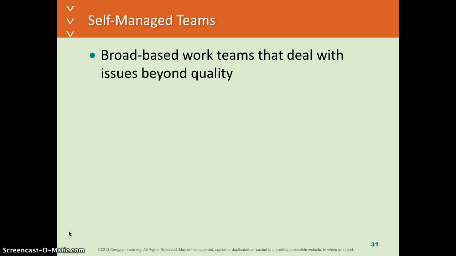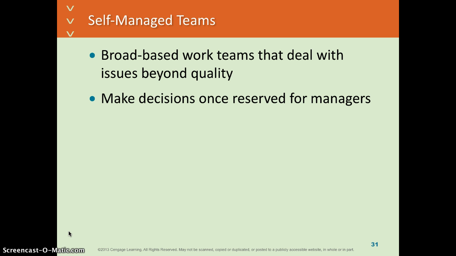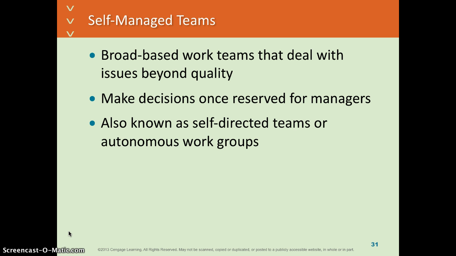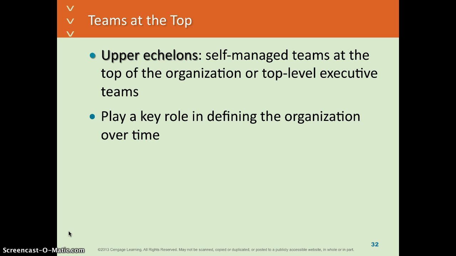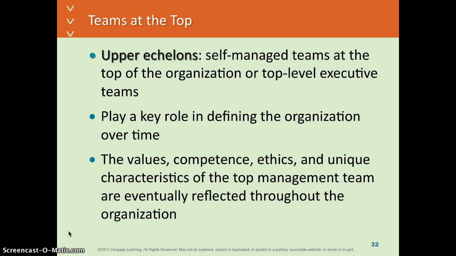Self-managed teams, they tend to be teams that will make decisions that were once reserved for managers, and they will be a little bit more autonomous. Upper echelons, they will be some top-level management teams. Their values that they incur in these teams should filter down through the organization.